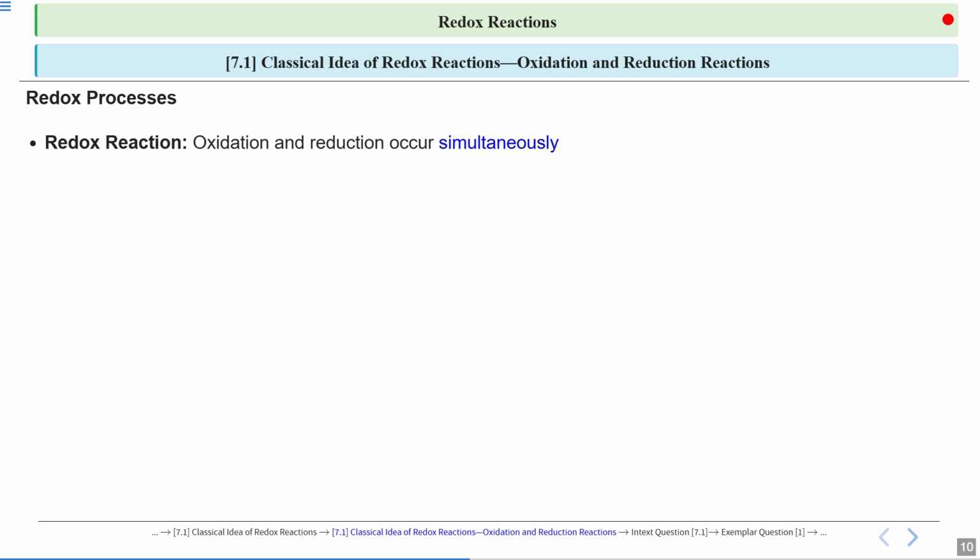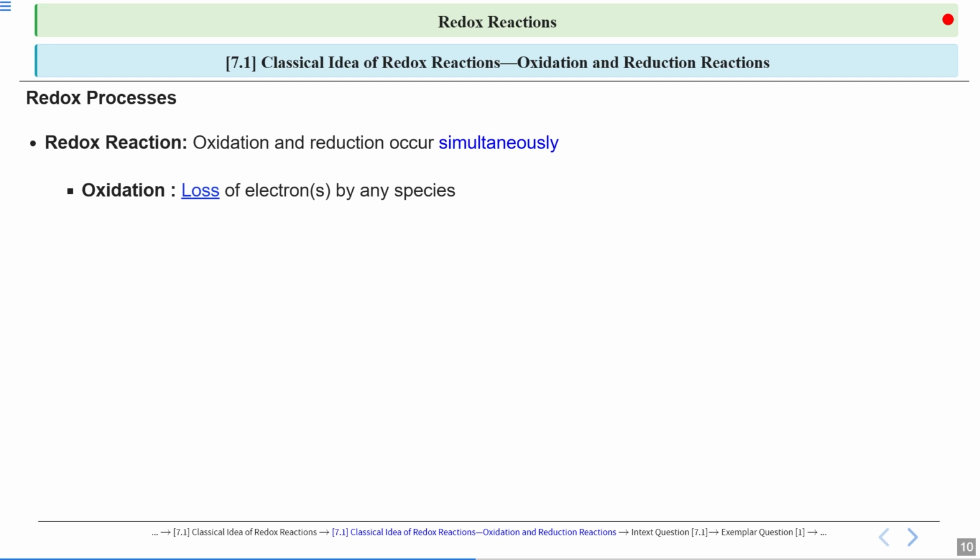Redox reactions are those chemical reactions in which the oxidation and the reduction reaction occur simultaneously. That means if you consider a single chemical reaction, and in that particular reaction both oxidation and reduction have taken place, then this directly relates to the redox reaction.